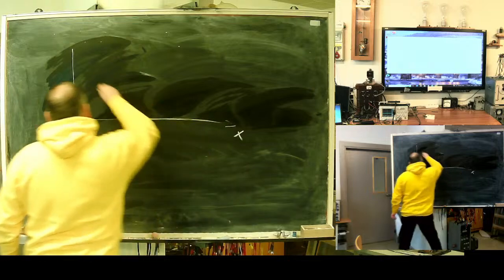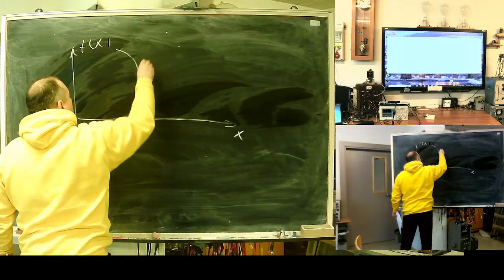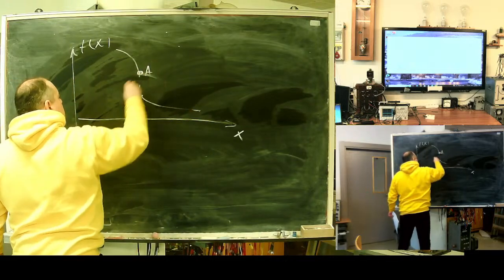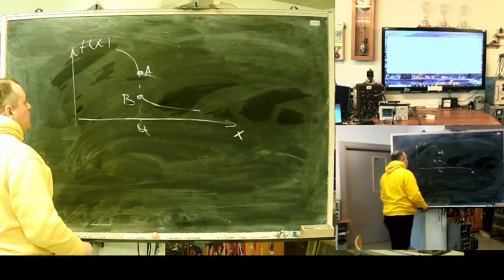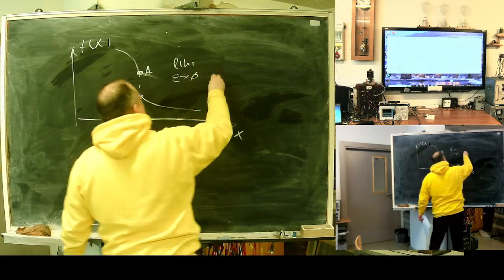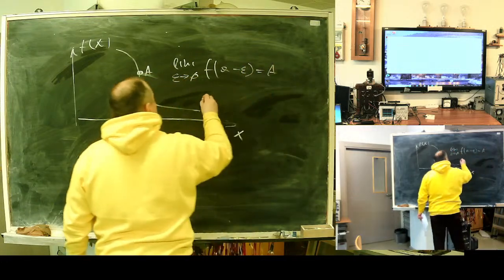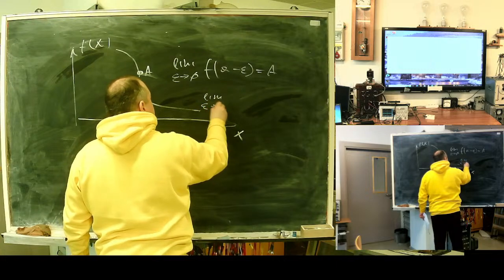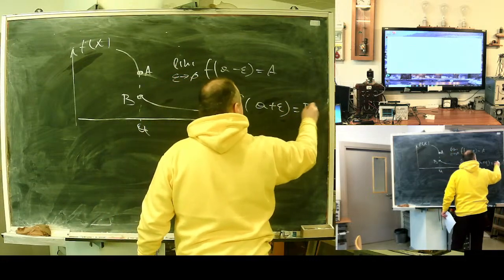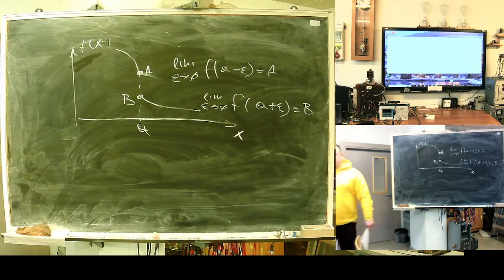Let's say we have some function of x with a point of interruption, let's say a, point A. And as epsilon goes to 0, a minus epsilon is A capital, and at the same time, a plus epsilon is B. It's an interrupted or switched function. That's what Gibbs started from.